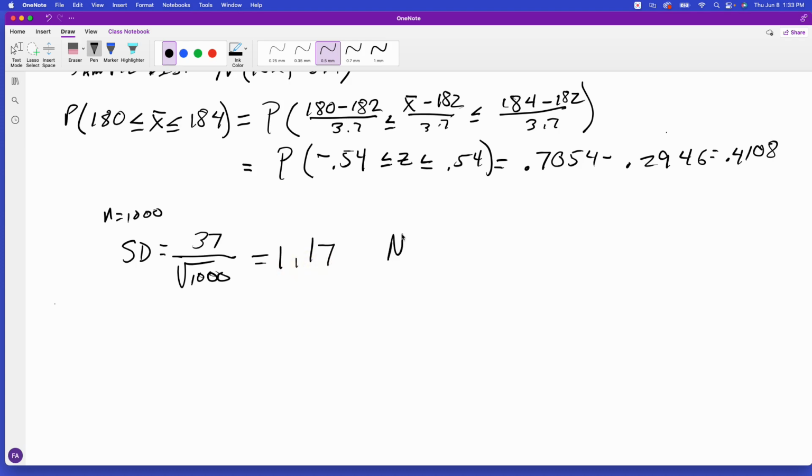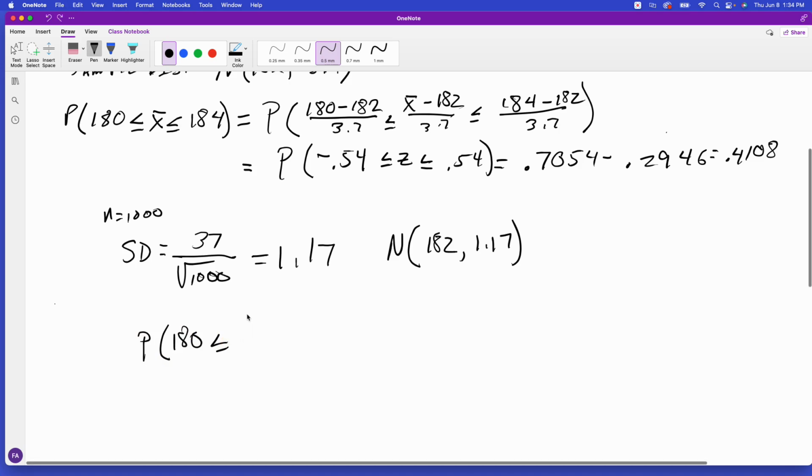In this instance, we end up with 1.17. So now my distribution is 182 and 1.17. Now that is a much smaller standard deviation, so when we do plus or minus the 2 units off of our mean, we're talking about it being almost 2 standard deviations outside of that realm, which actually makes more sense, right?